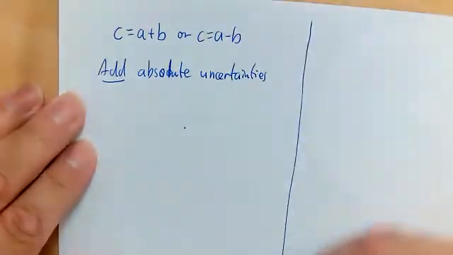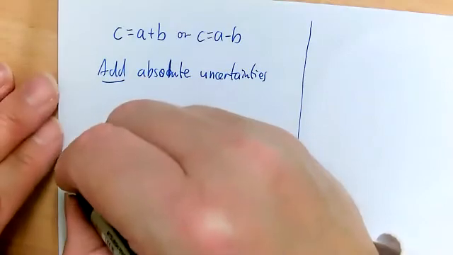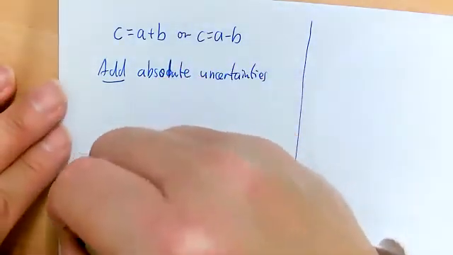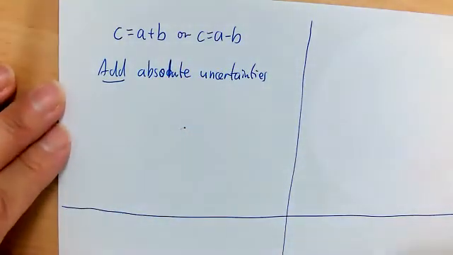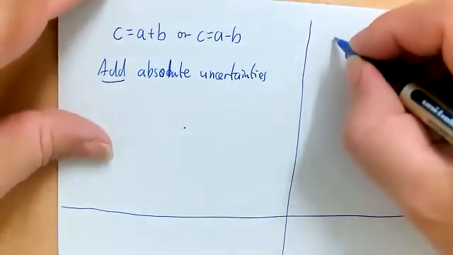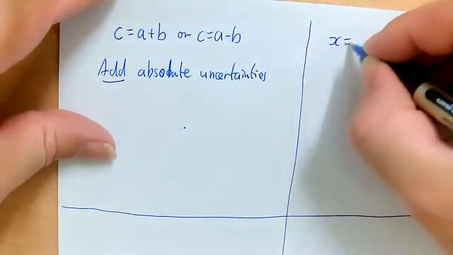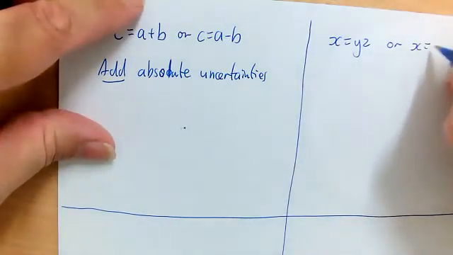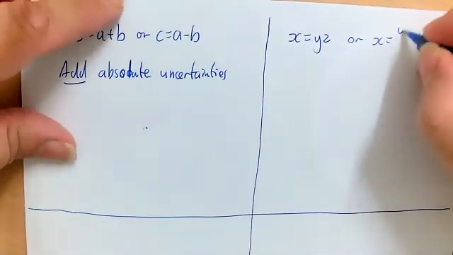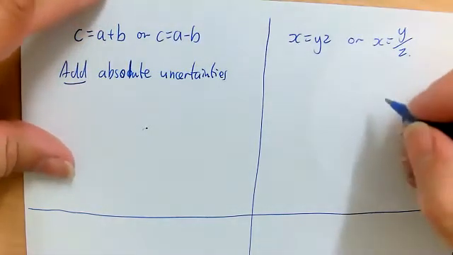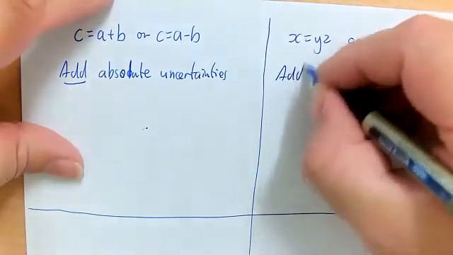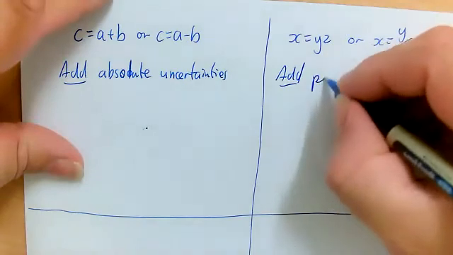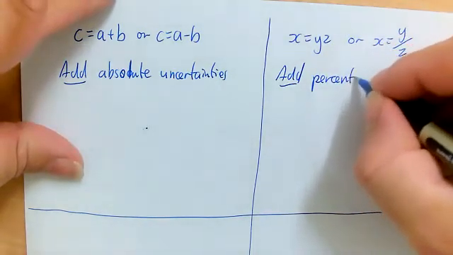If you've got x equals yz, or x equals y over z, then you always add the percentage uncertainties.